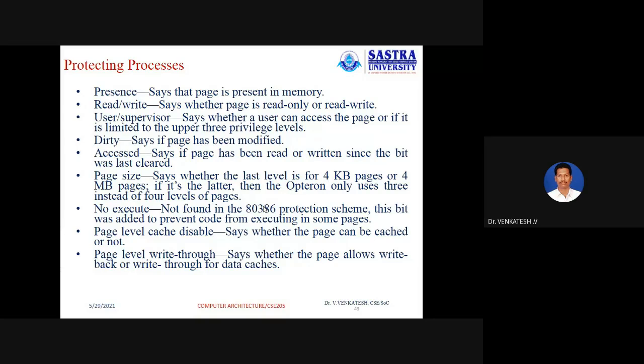I already told you there is something called critical code, which should not be interrupted by any other process. We have some set of code that should not be accessed by anybody else.